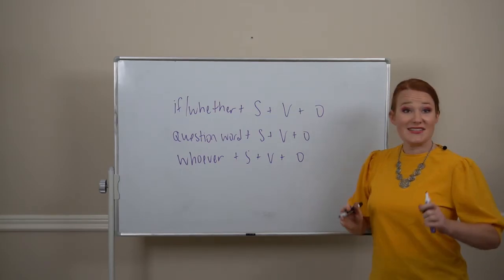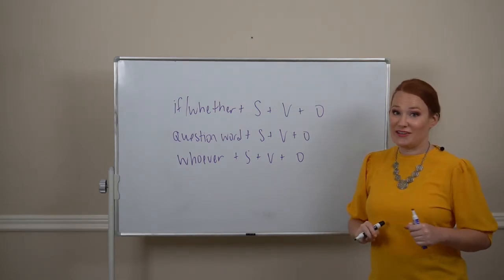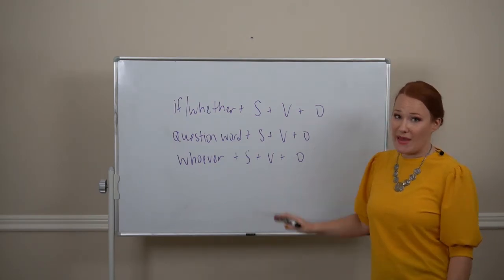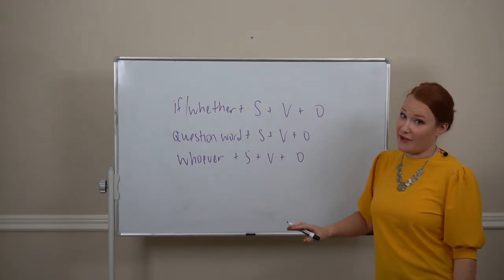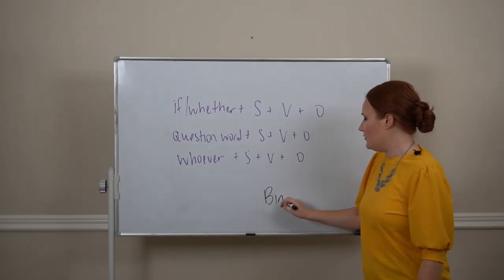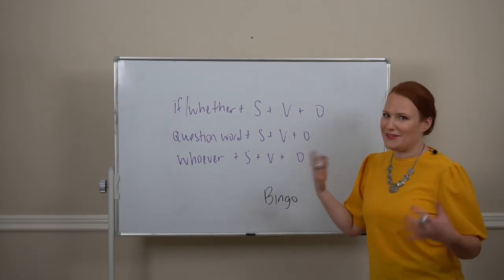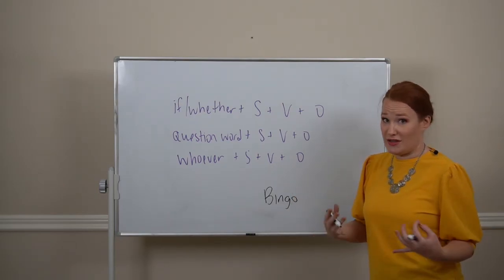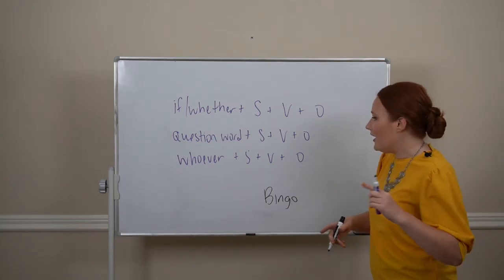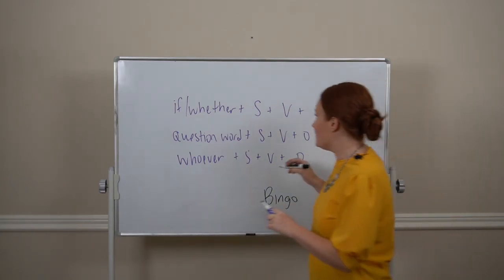So there is a song that a teacher taught me a long time ago that I sing to my students to help them remember the word order for noun clauses. So it goes to the tune of a song called Bingo. It's a popular American kids song about a dog on a farm. So maybe you know the tune already. I'll write the words out on the board first.